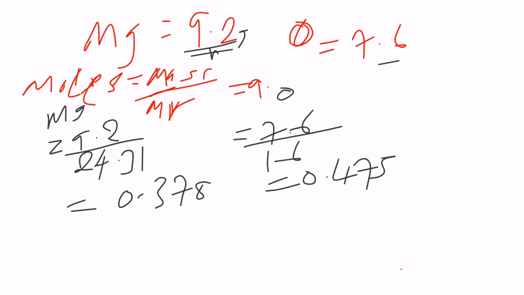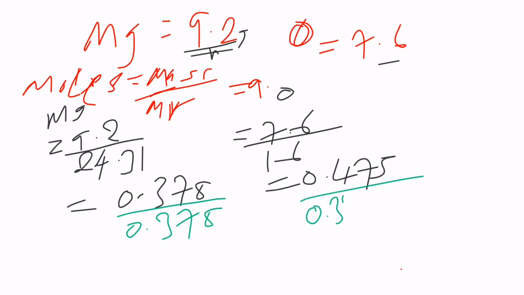Then the second step, I said you divide by the lowest moles. Here, the lowest mole is 0.378. So when you divide here, it will give you 1.